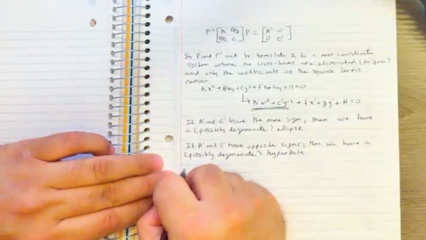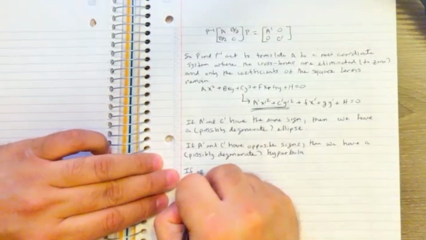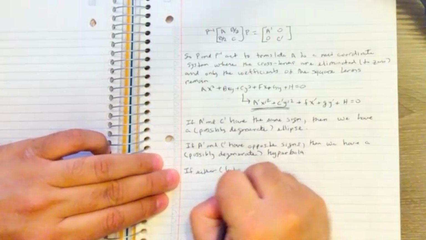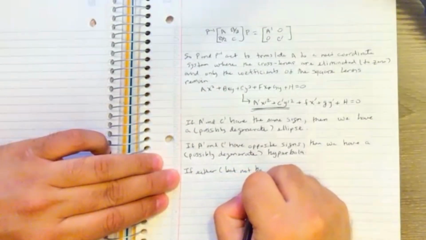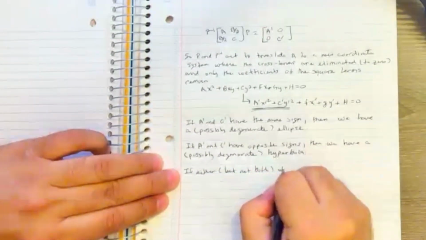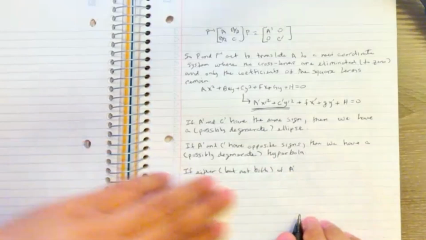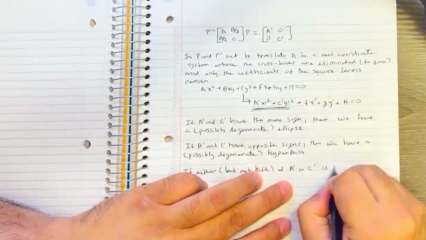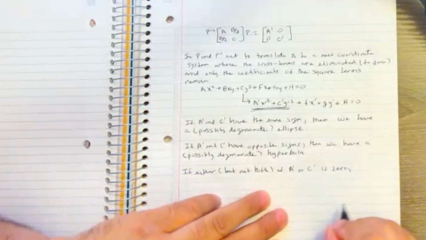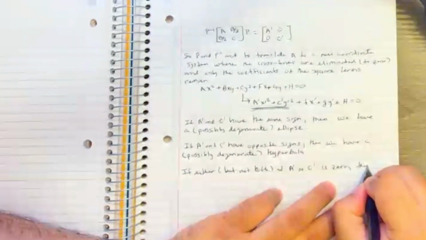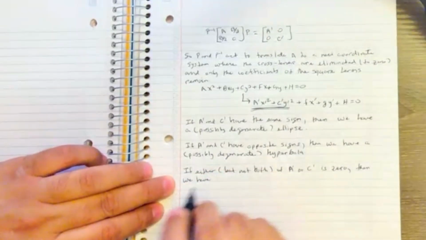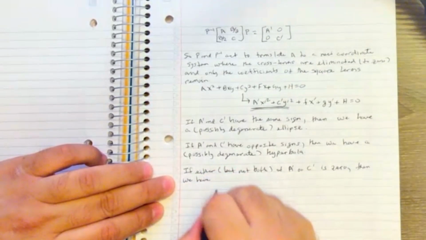And if either, but not both, of a prime or c prime is 0, then we have a possibly degenerate parabola.